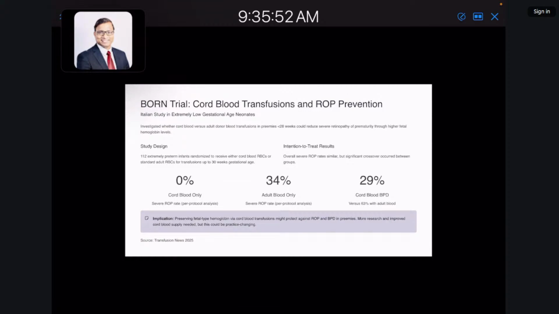Then coming to the screening part, the BOND trial of cord blood transfusion versus adult blood transfusion has shown that it reduces severe retinopathy of prematurity as well as bronchopulmonary dysplasia, though further data is needed.